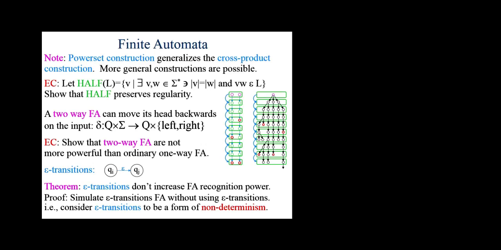I'm not saying it's not convenient to sometimes use them. It is. But you don't gain any essential power by doing so, because these theorems say that whatever you can do with non-determinism and/or epsilon transitions, you can also do without them by going through the powerset construction, ending up with a completely deterministic finite automata that accepts exactly the same thing.